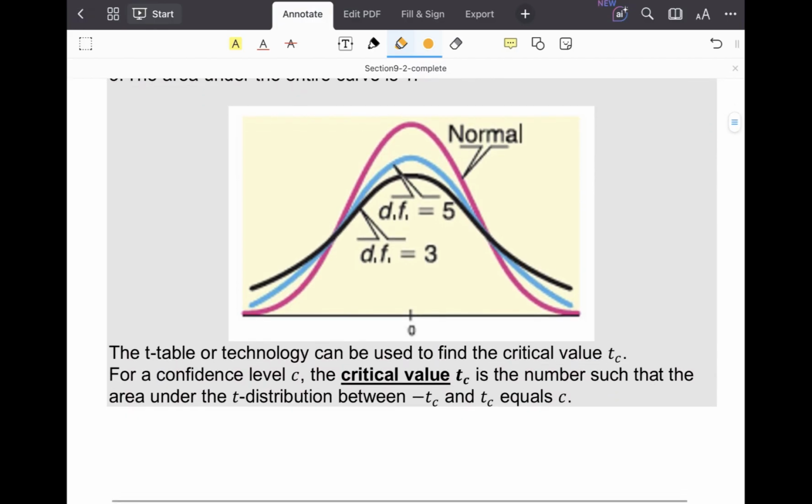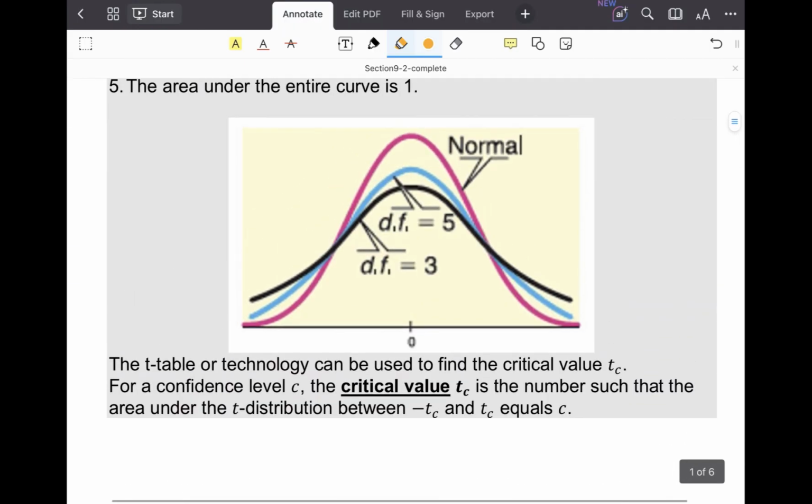There are what are called critical t values, just like the critical z values we have in the proportion with the standard normal distribution. We have an equivalent thing with the t-distribution, and these are typically larger values than the critical z values.